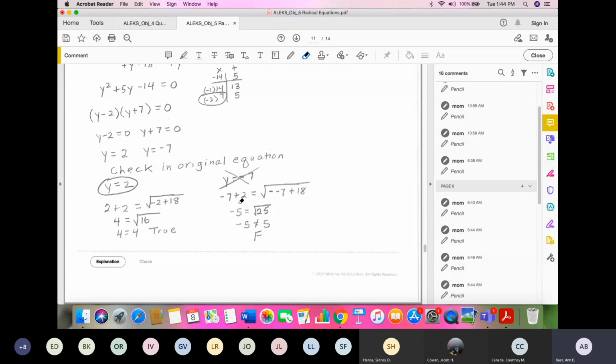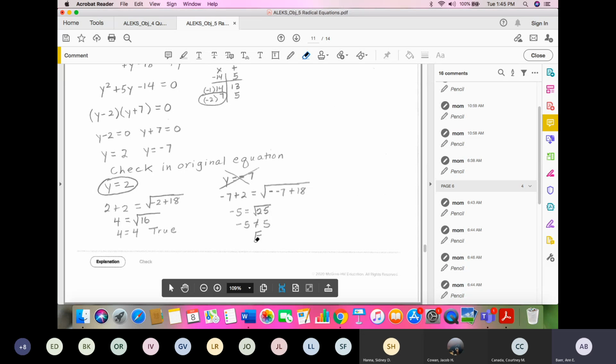Negative 7 plus 2 is negative 5. Negative times negative is a positive. 7 plus 18 is 25. We have the square root of 25 here. Now the square root of 25 is 5. So on this side we have negative 5. On this side we have positive 5. They're not equal.